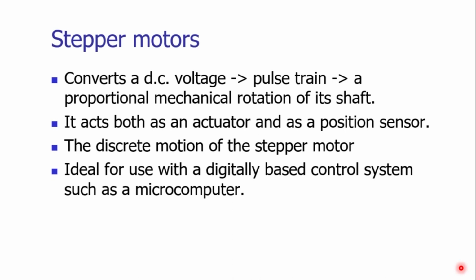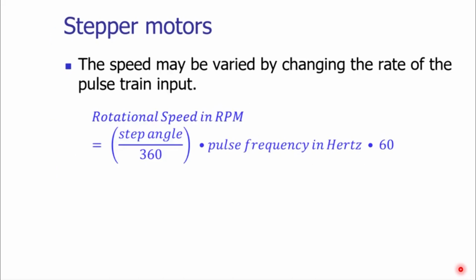Because as we know that microcomputers are working digitally, they also require pulses to process. Therefore, the utilization of pulse train based working of the stepper motor is very well suited for the microcomputers.